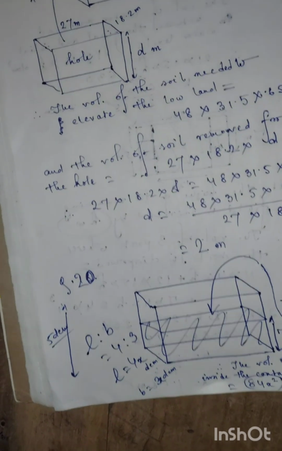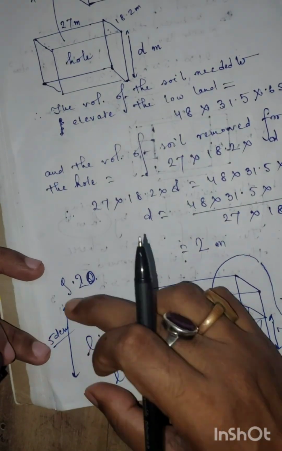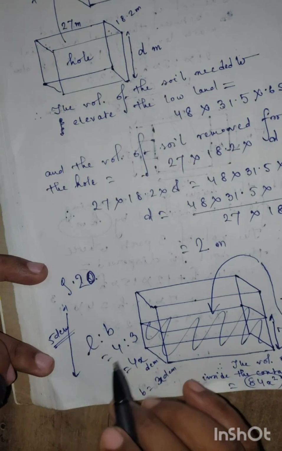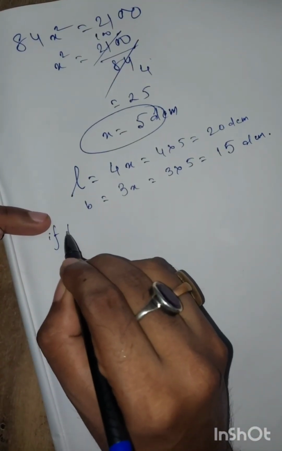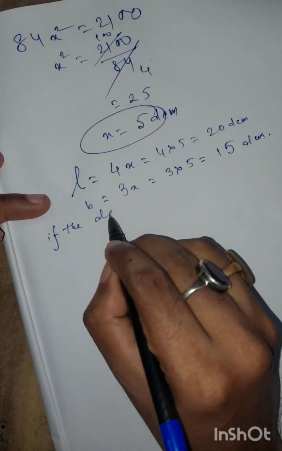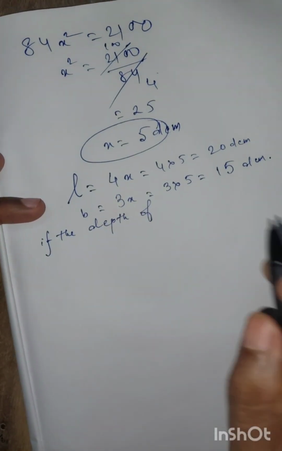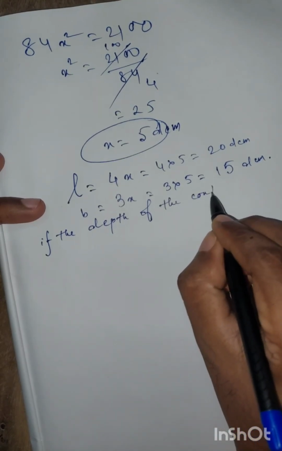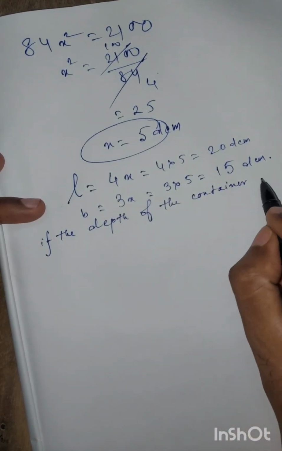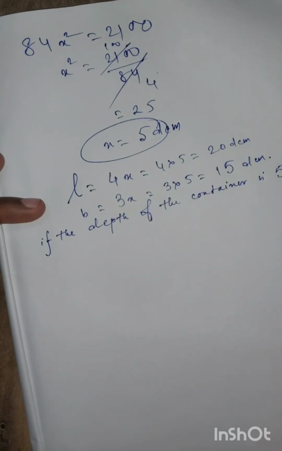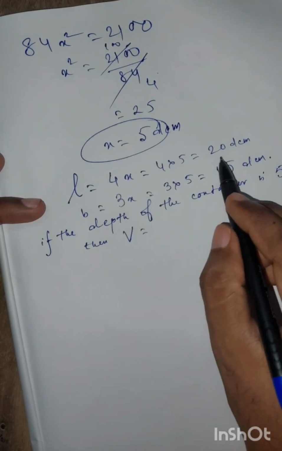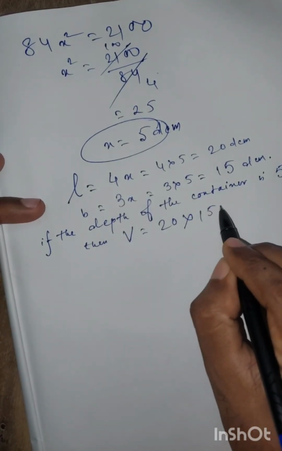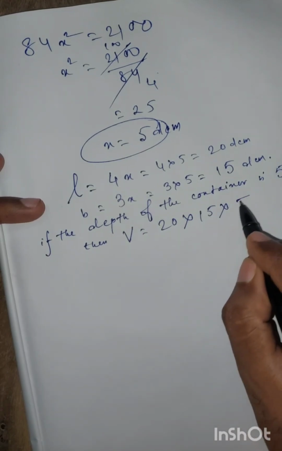Okay, so if the depth of this container becomes 5 decimeter, then its dimensions become, let us write it, volume equal to length 20 decimeter, breadth 15 decimeter, and depth 5 decimeter.